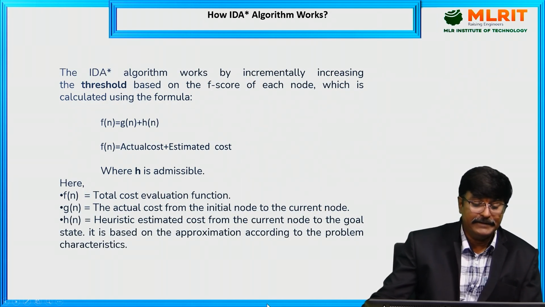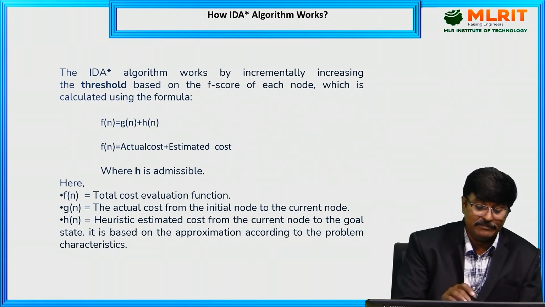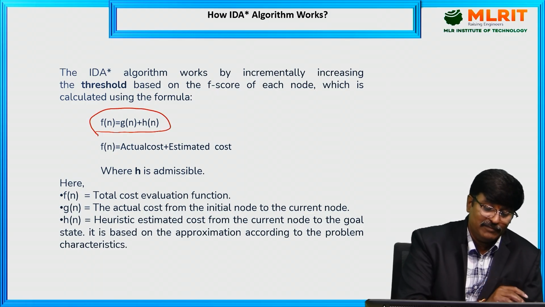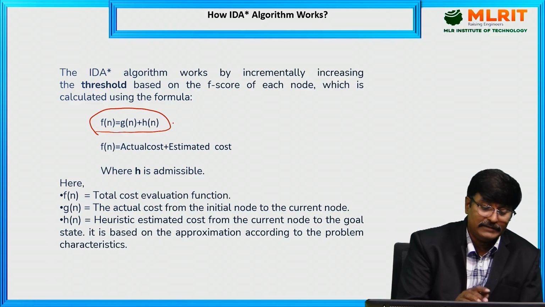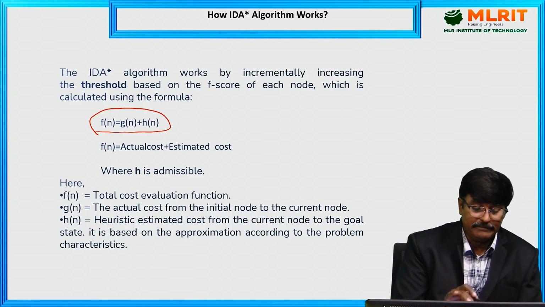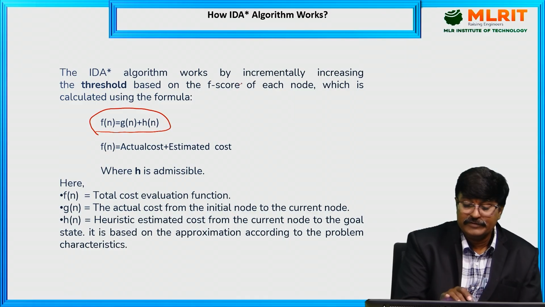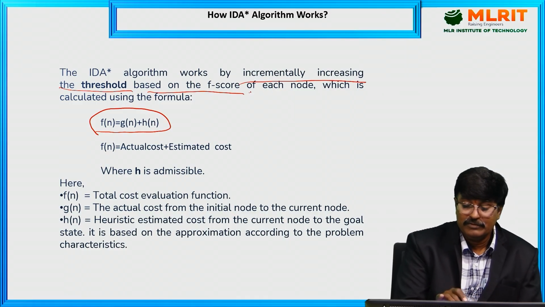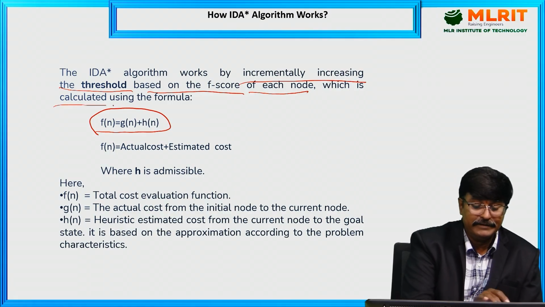So the admissibility of the heuristic function is important. The heuristic function should be admissible, and admissibility means whatever the cost estimation is, it should not be greater than the actual cost. It works by incrementally increasing the threshold based on the F score of each node, which is calculated using a formula.